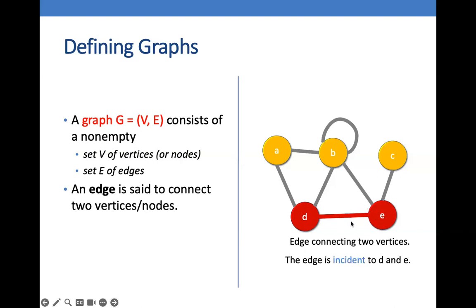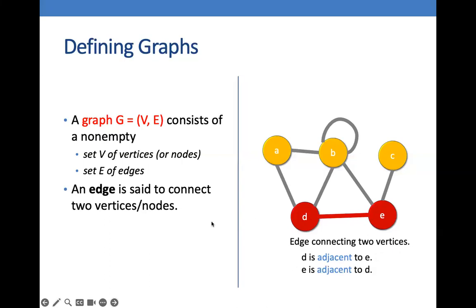We can then say that this edge is incident to D and also incident to E. And we can also say that D is adjacent to E. Likewise, E is adjacent to B. Since D is also connected to B and then A, we can say that D is adjacent to E, to B, and then to A. And if we look at E, E is adjacent to C, to B, as well as D.